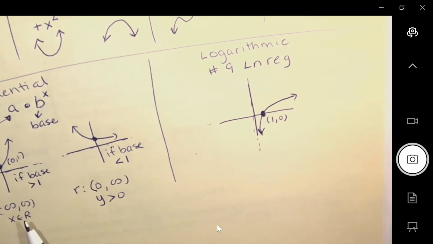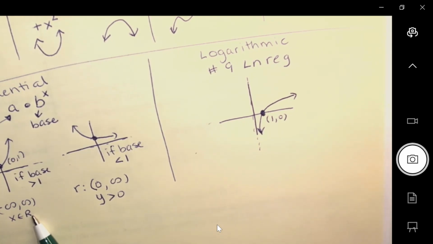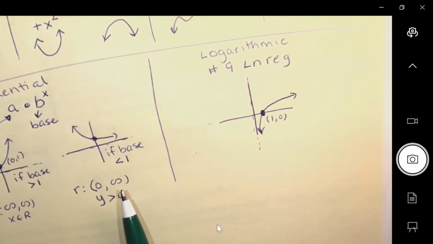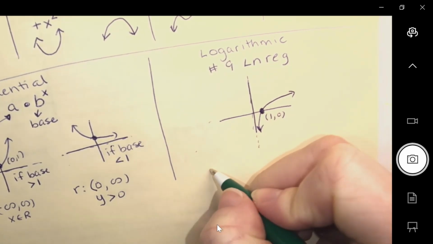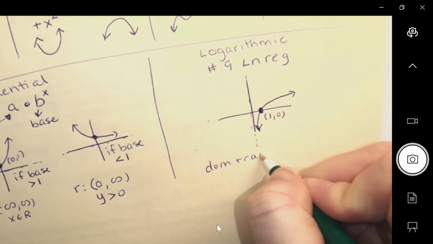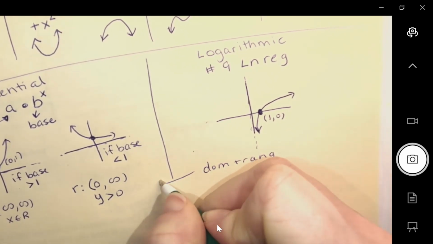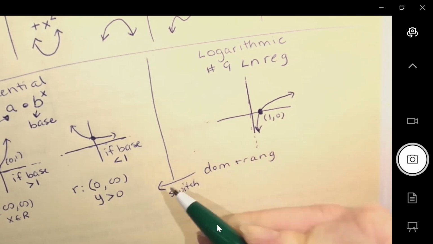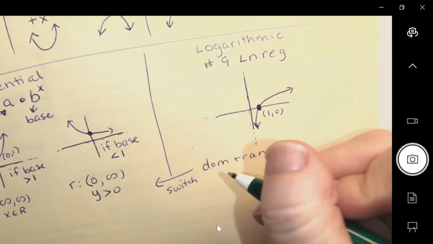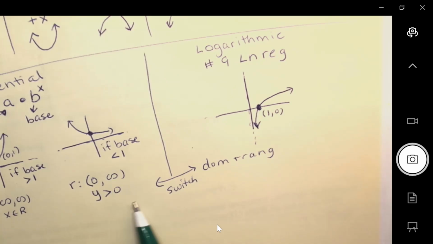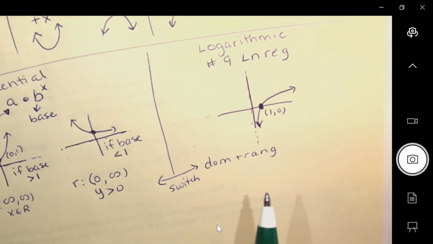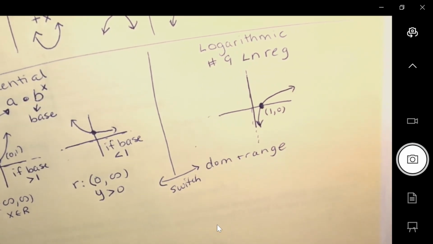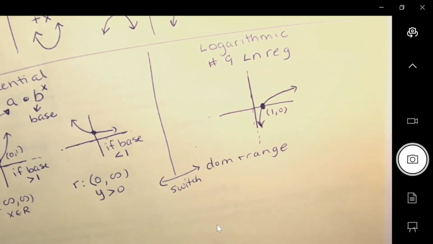Do you notice the range of this is the domain of this? And the domain is the range. So they get switched. You can write whatever you want, but I'm just trying to show you to understand the domain of this is the range of that, the range is the domain. Okay, they switch. So that was another function that we learned.